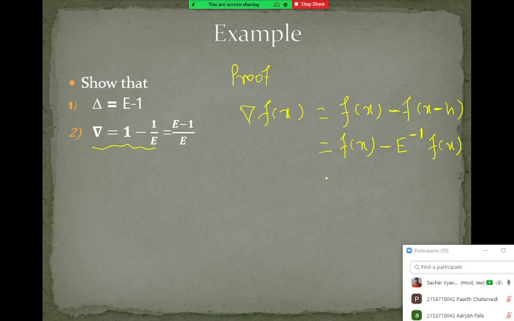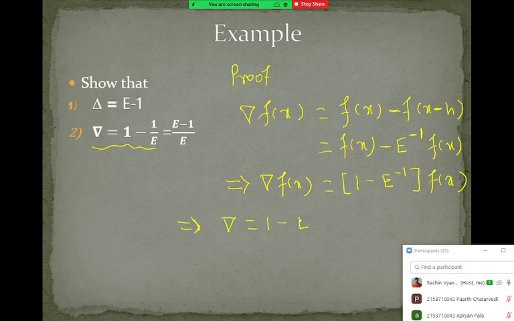And now exactly the same thing we'll do. We'll take f(x) as common. So 1 minus E raised to minus 1 of f(x). Now again this holds for any f(x). This holds that del f(x) is the same as 1 minus E raised to minus 1 of f(x). Thus this del operator is nothing but 1 minus E raised to minus 1.